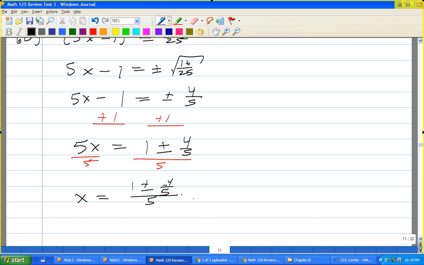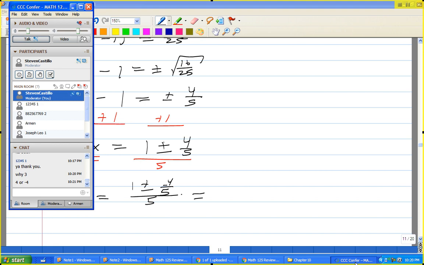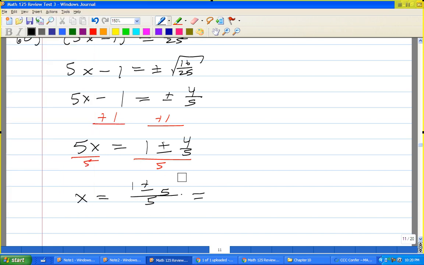Let me write this as, oh, that's a positive 4. Let me multiply by 5 to get rid of the fraction.